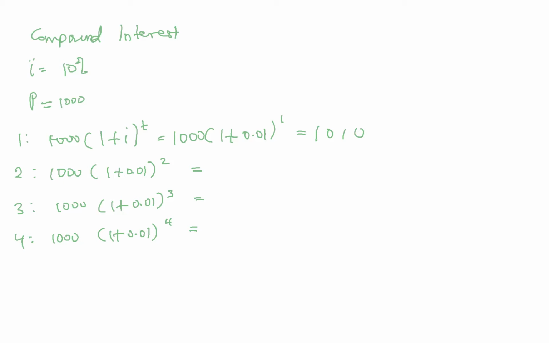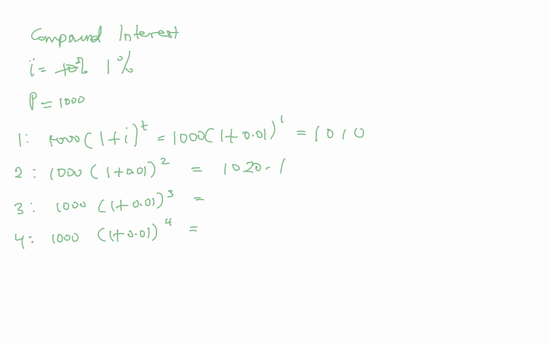Okay, so let me change the interest here, because what I'm writing, 0.01, is 1%, not 10%. So 1%, okay. I've changed the interest from 10% to 1%. In the case of the second year, we have 1020.01.